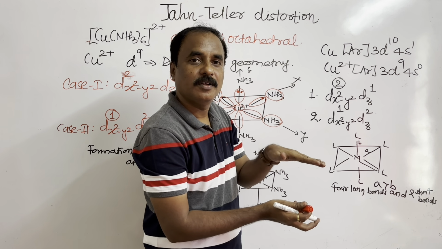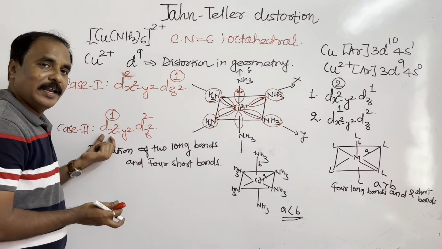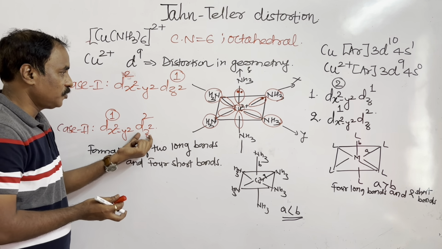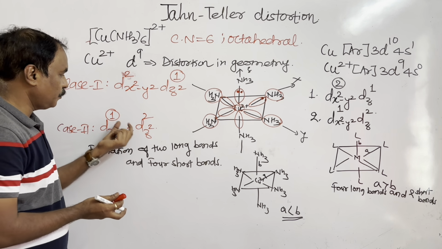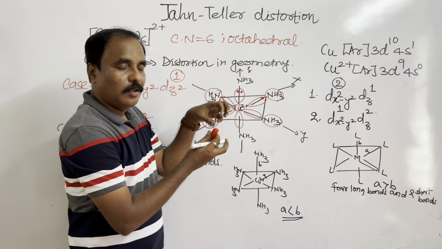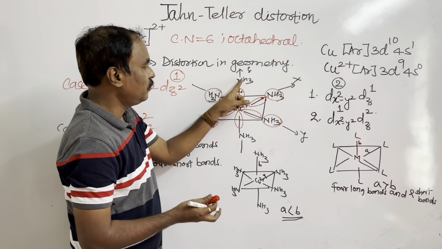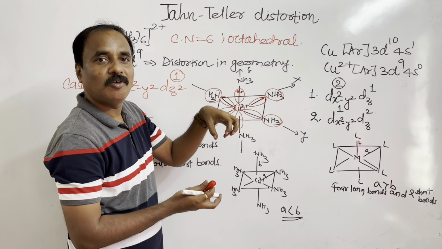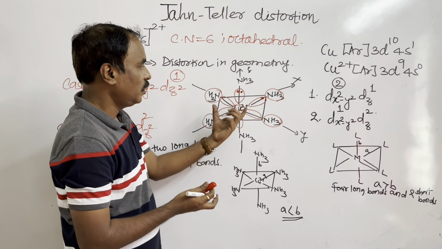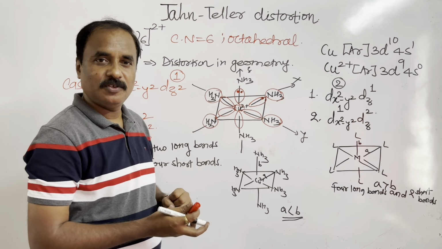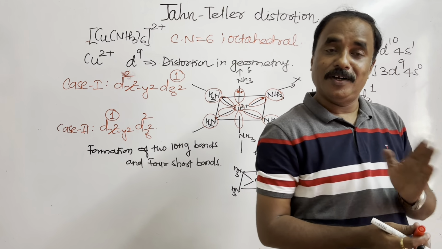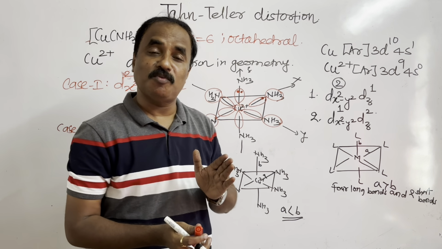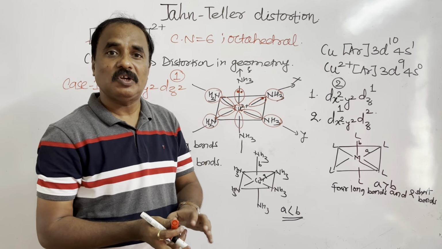In case number 2, when the unpaired electron is present in dx square minus y square and paired electrons are present in dz square, there is an elongation and a repulsion between these two ammonia and dz square. Elongation of axial bonds, and here formation of two long bonds and 4 short bonds. This is said to be Jahn-Teller distortion. What is the conclusion? Unsymmetrical electronic configuration, either in t2g or eg, is responsible for tetragonal compression or elongation.